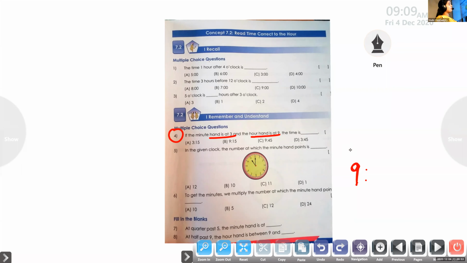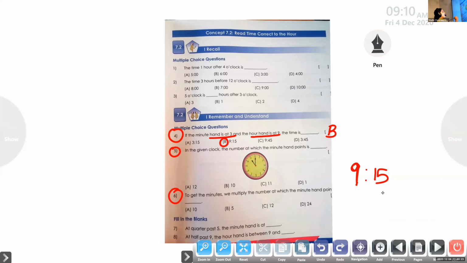At least the table of 5 now. My dear children, 3 into 5, what will you get? 15. So which is the answer? B, 9:15.